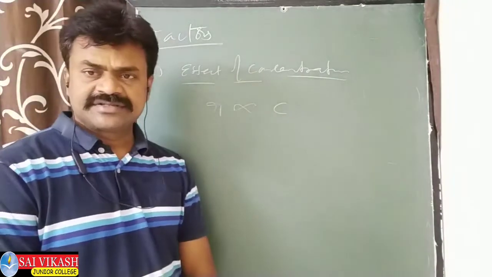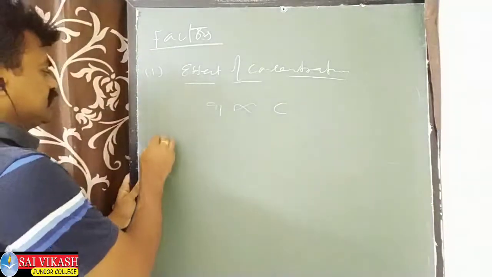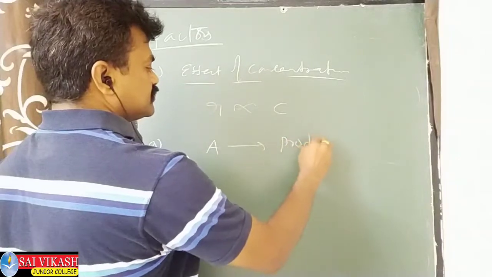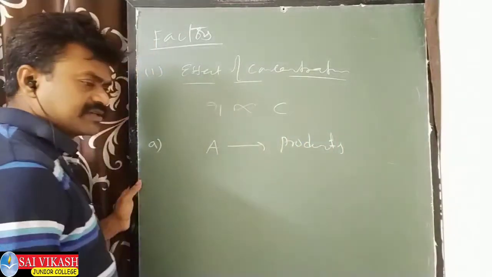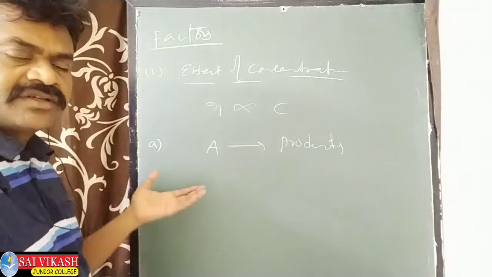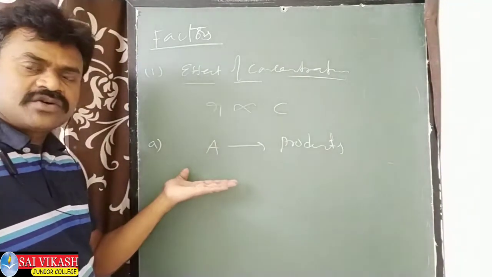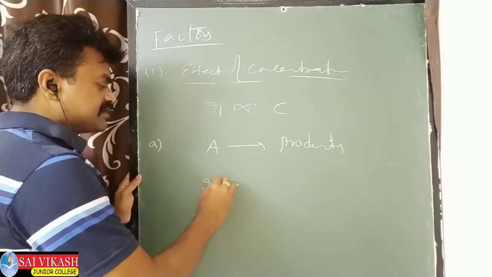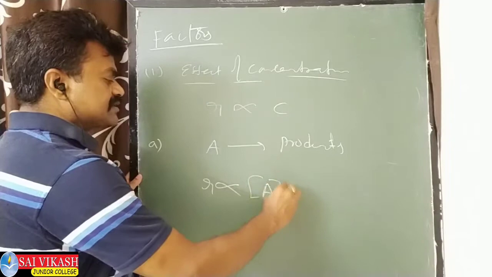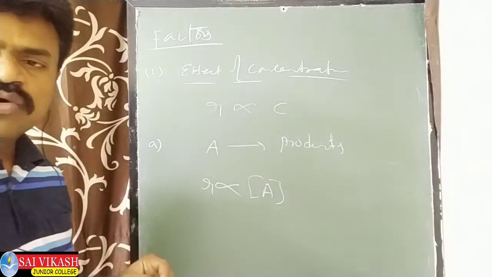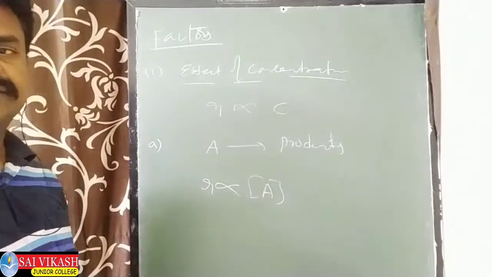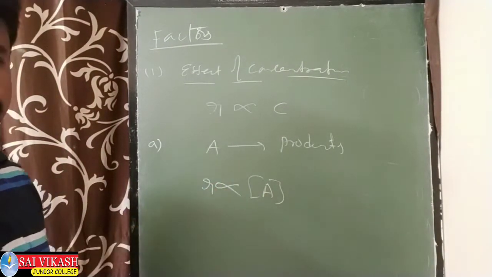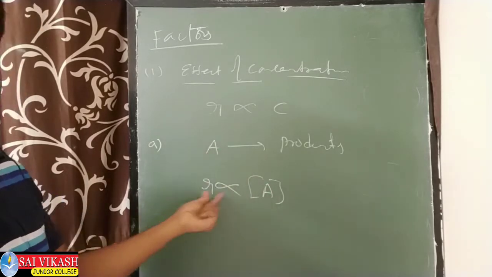This generally happens. For example, see example A I am taking. Suppose A gives products. How to write the rate expression? Its rate depends on the concentration of the reactant here also. It means the rate is directly proportional to the molar concentration of reactant A. The more the concentration of the reactant, the more the speed.